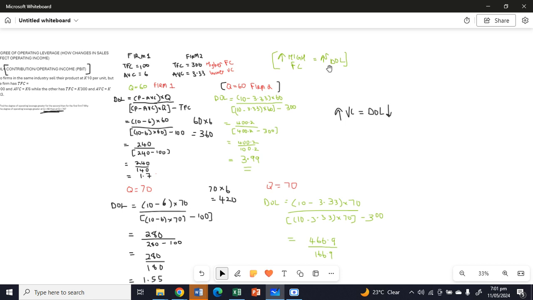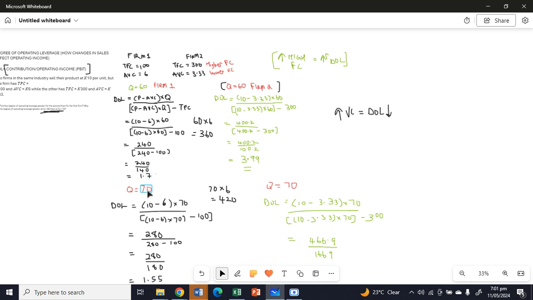Then when it comes to variable costs, there's an inverse relationship with degree of operating leverage. As you can see, when we look at frame 1, and the quantity is 60, the degree of operating leverage is 1.7.